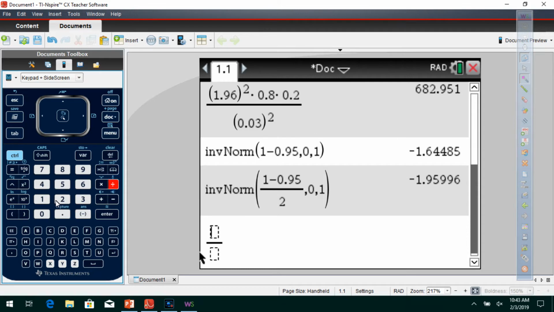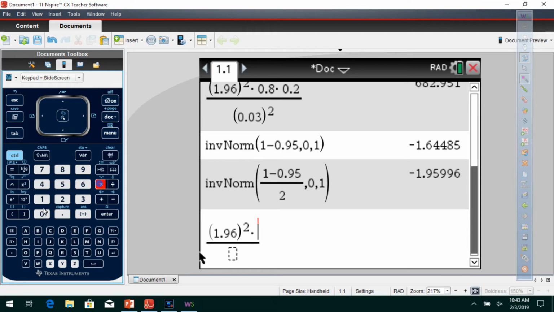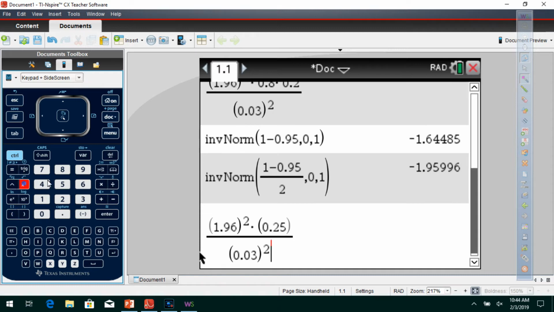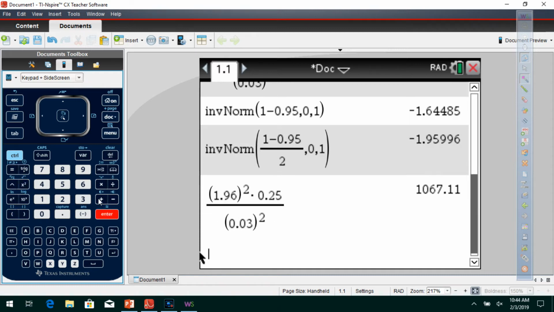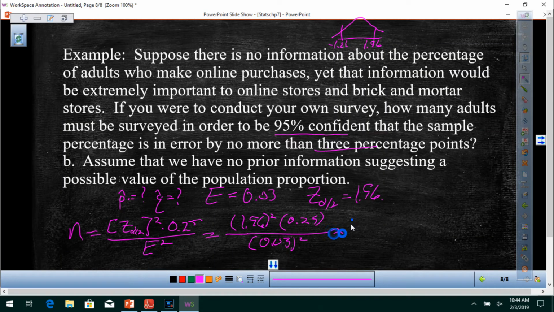Control divide. 1.96 times 0.25 over 0.03 squared, and we get 1067.11, or 1068.